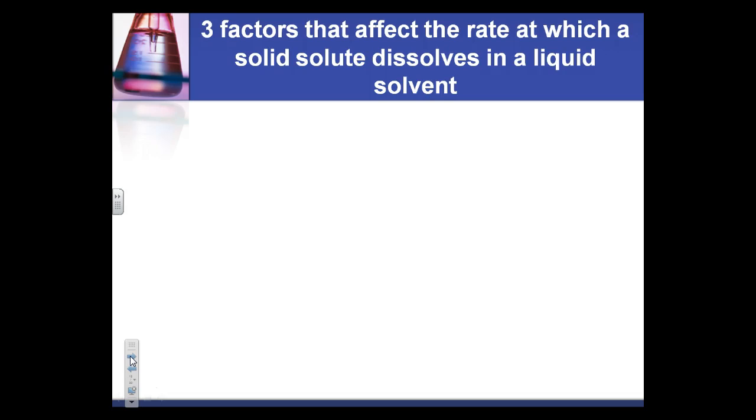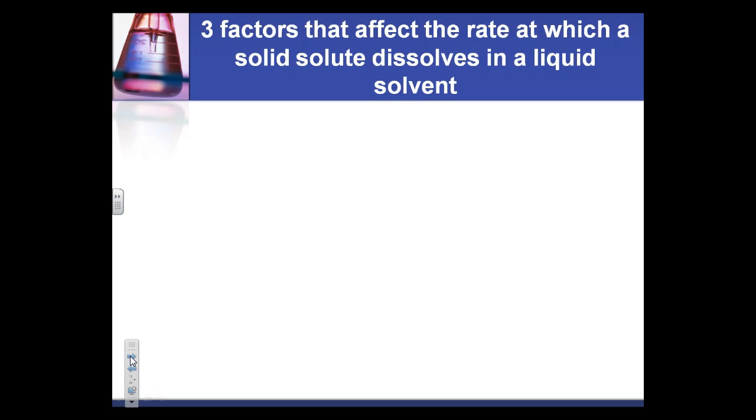So when you're making tea, do you boil the water, make the tea, and then let it cool down before you add the sugar? No. You're actually going to add the sugar while it's still hot.